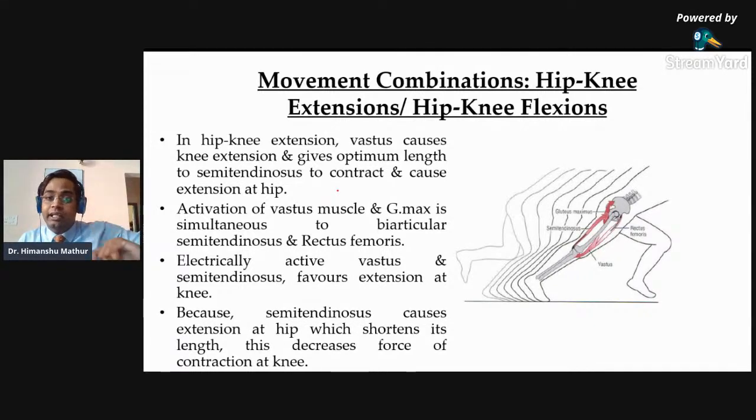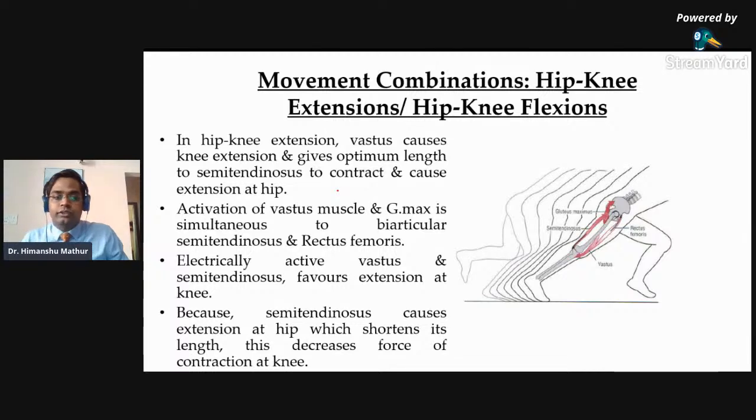So when the length of the rectus femoris is challenged, it causes some amount of extension at the knee joint. At the same time, the vastus group of muscles comes into action to make a force couple with the gluteus maximus and semitendinosus, such that it increases the internal torque generation for the extensor group of muscles, or the extension of the knee joint. That is what is written.